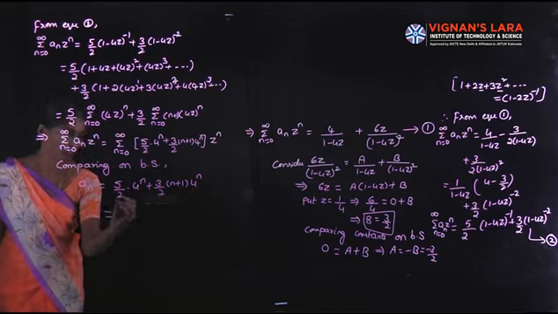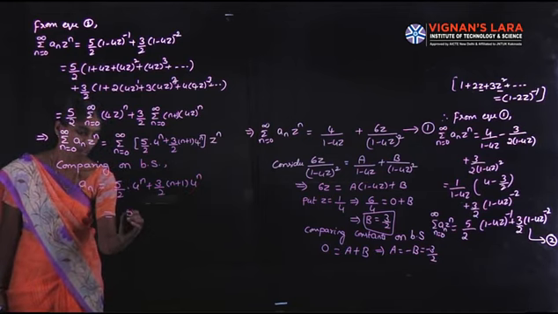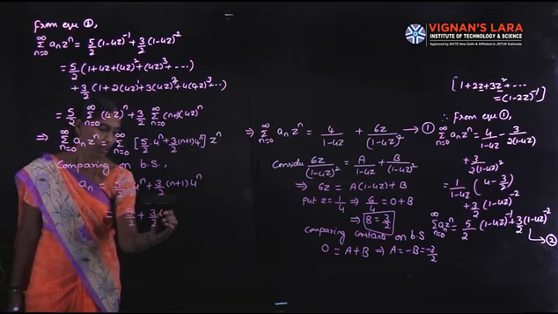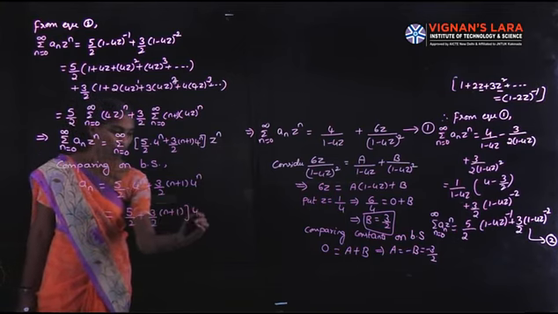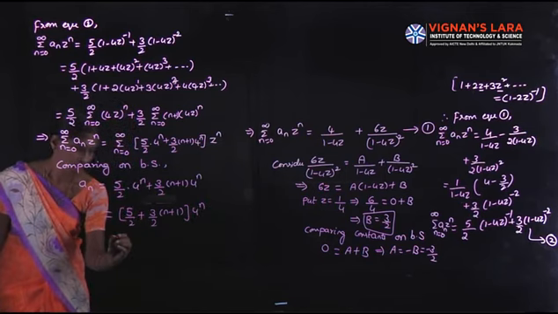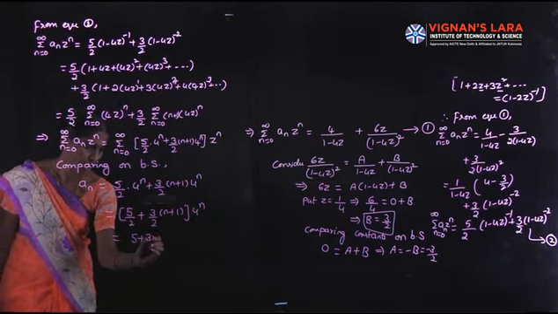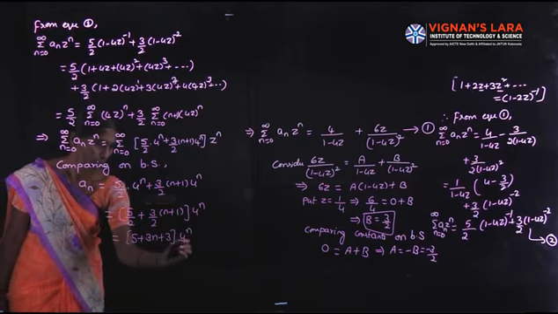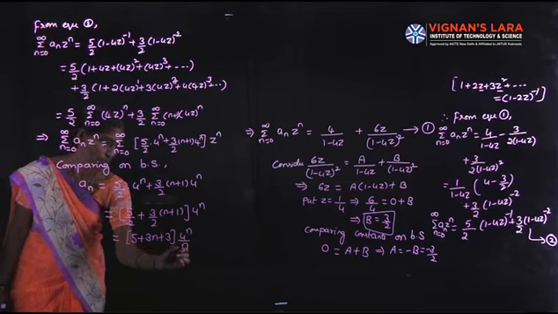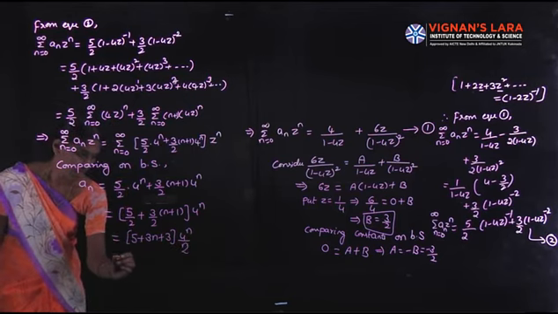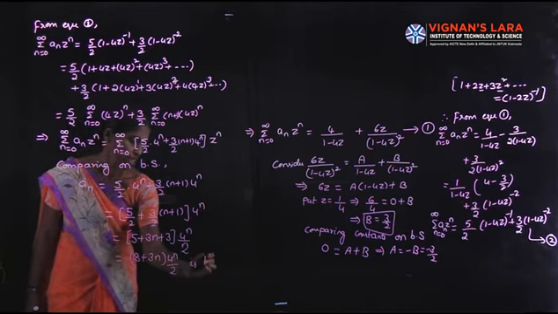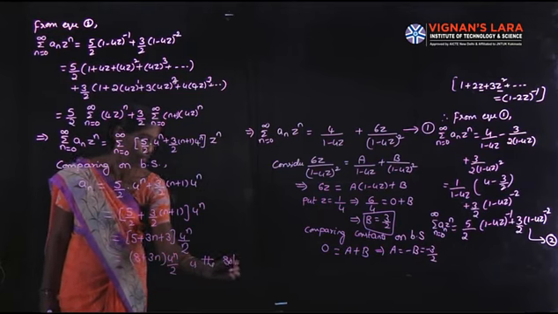If you want to simplify one more step, we can write it as (5 by 2 plus 3 by 2 into (n plus 1)) into 4^n, which is (5 plus 3n plus 3) into 4^n by 2. It is (8 plus 3n) into 4^n by 2, the solution of the recurrence relation.